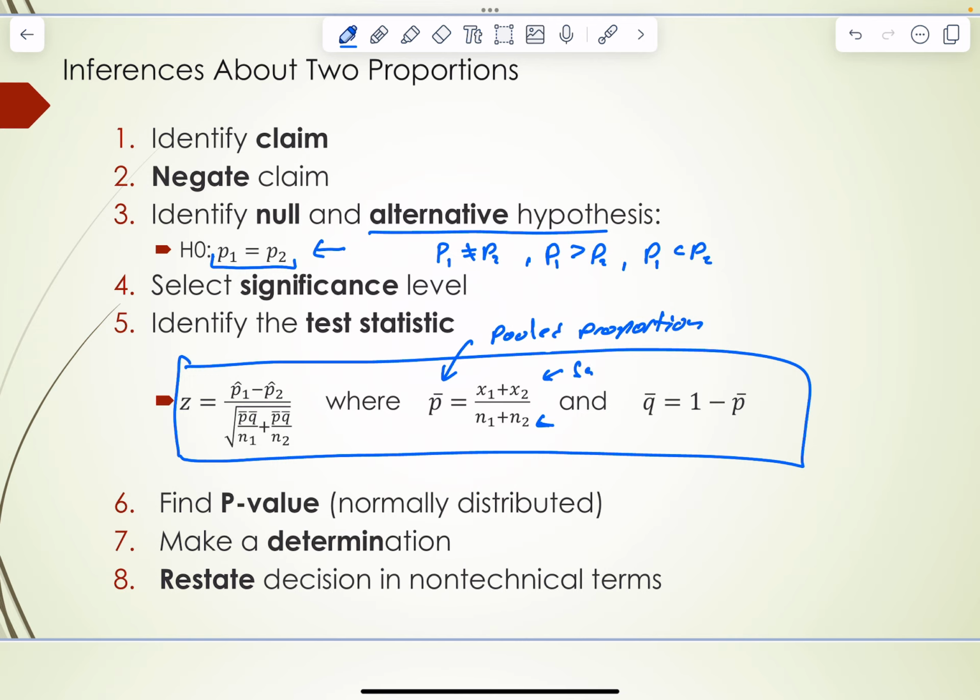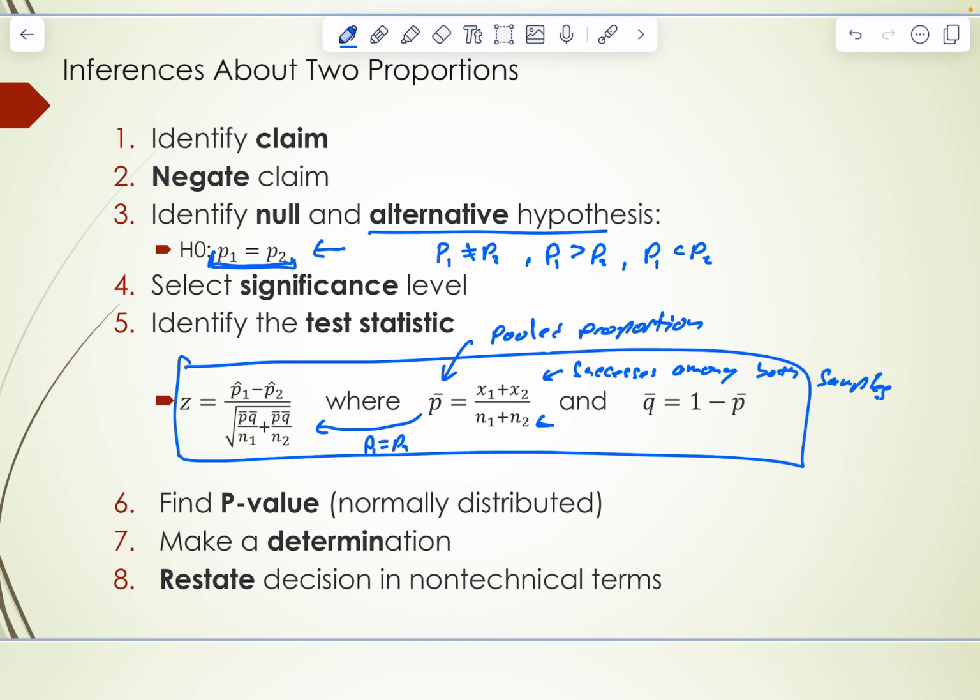So, successes among both samples. It's the best guess, assuming that the proportions are the same. So the fact that this is being used indicates the null hypothesis assumption.